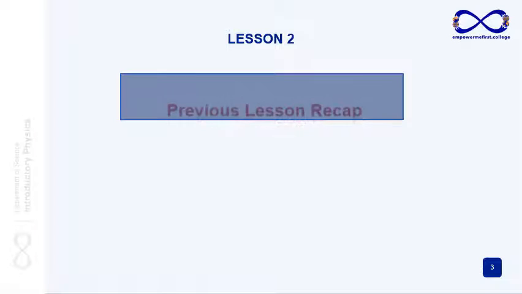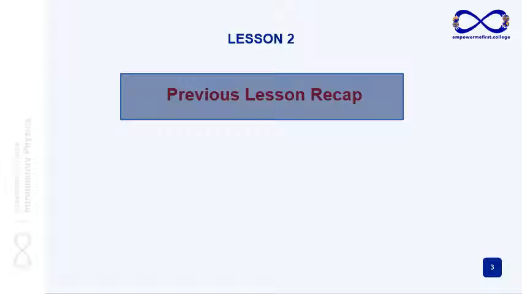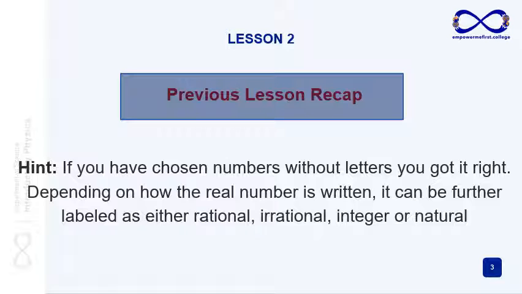But before we go on to our second lesson, we need to look at the previous lesson recap, where we looked into real numbers and defined what real numbers are, and of course we gave some examples. At the end of our lesson, we posed a question, and before we move on, we are going to give you a hint.